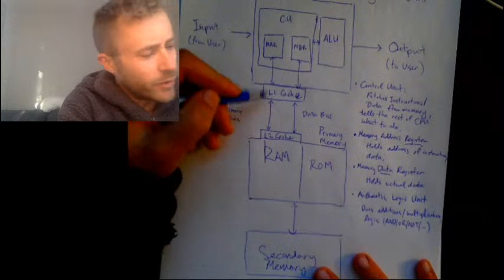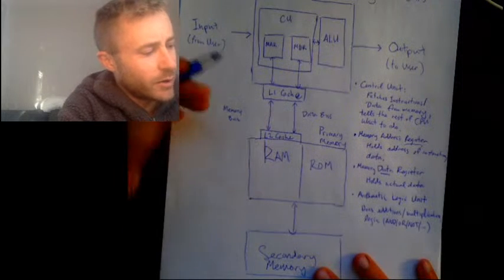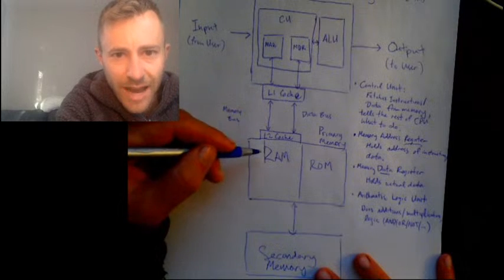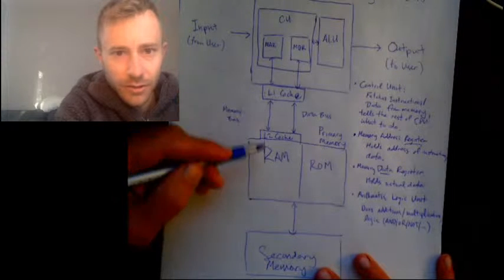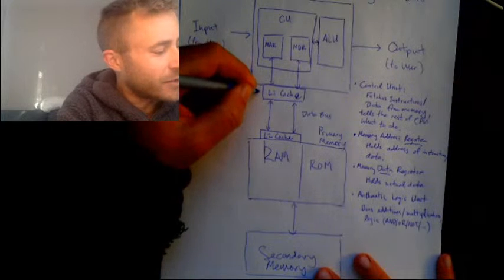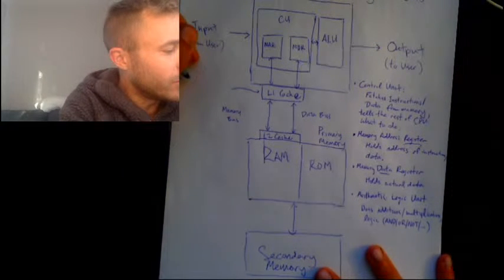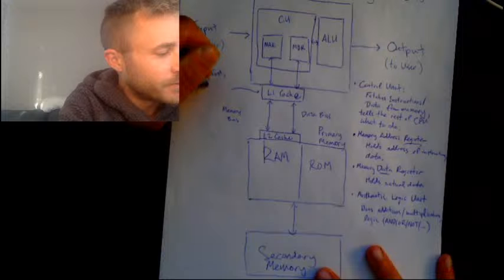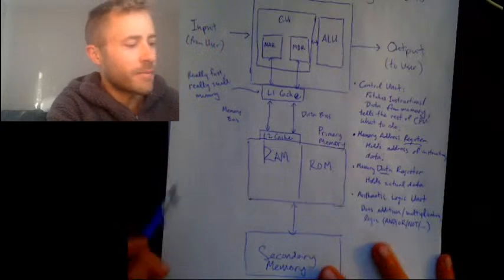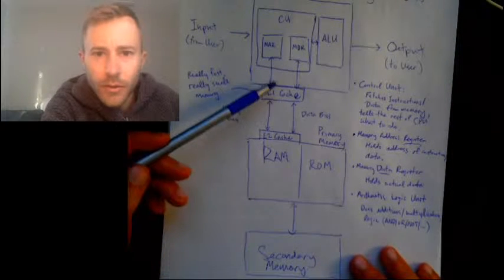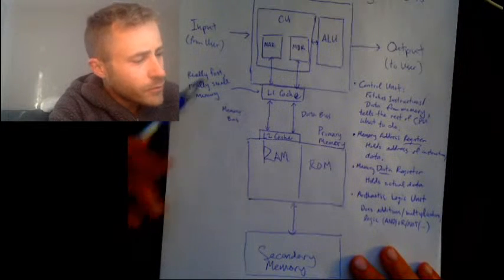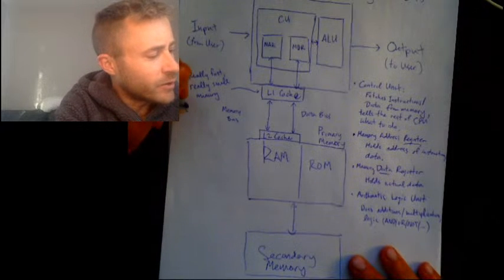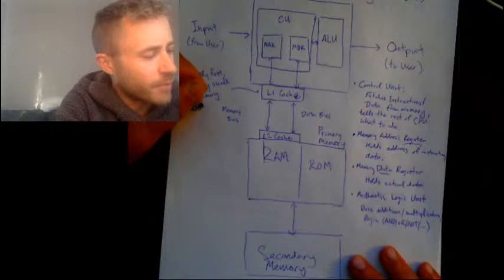The very first thing we notice is that there are two things called caches: a level 1 cache and a level 2 cache. The caches are basically really fast, really small memory. It's made up of something called static RAM, SRAM.